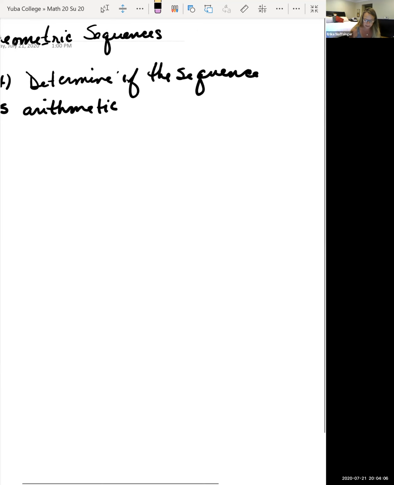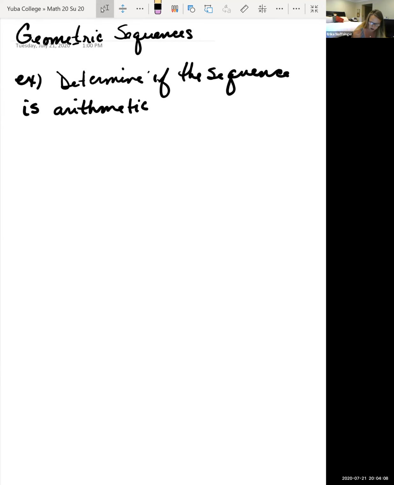So to determine if the sequence is arithmetic, one way we could tell is our common difference. We took a term minus the term right before it. It had to be equal to a constant. We couldn't have our variable left in there.